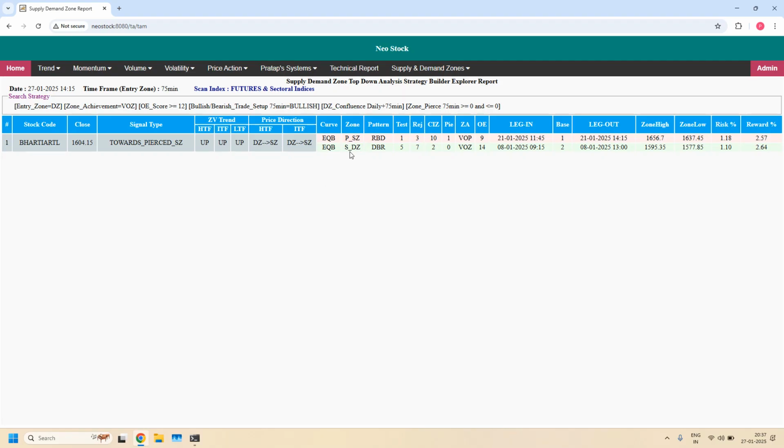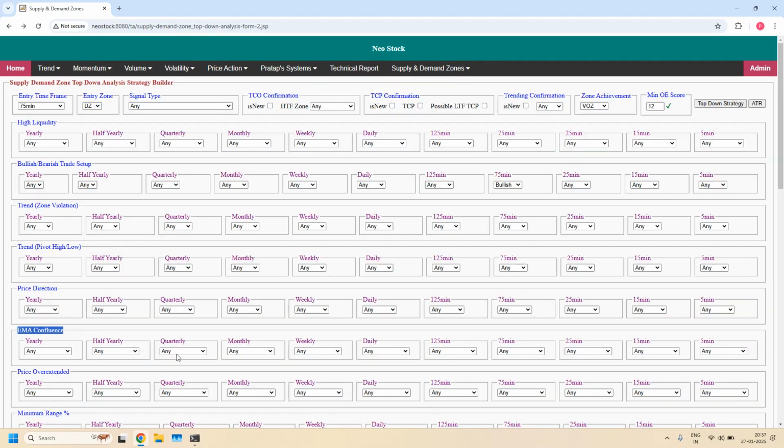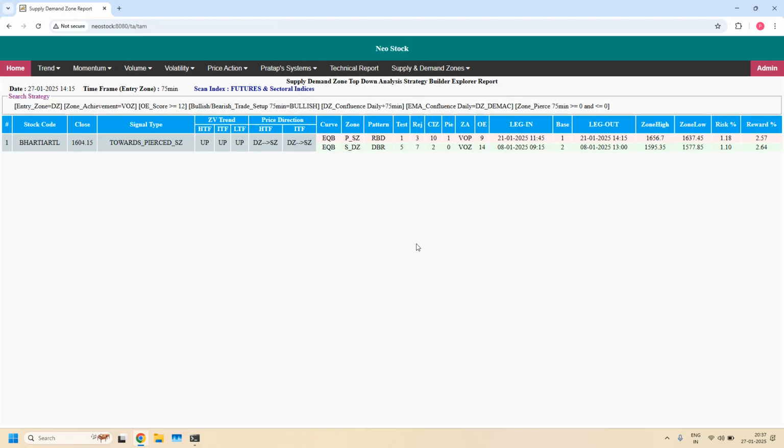That means this 75 minutes demand zone is part of the daily demand zone, and the daily trend is up. Let's check. This is having daily EMA confluence. Daily demand zone having daily EMA confluence because the 75 minutes demand zone is part of the daily demand zone. Let's filter. So this is an even more high probability trade setup. That's why it has already been tested 5 times.